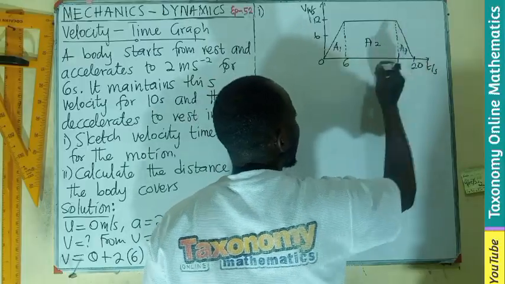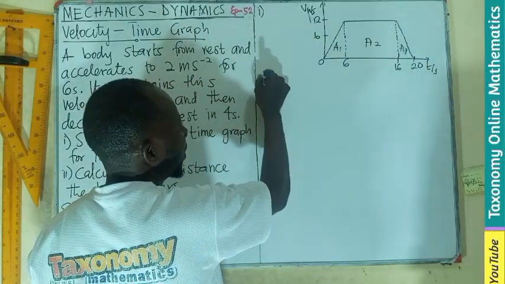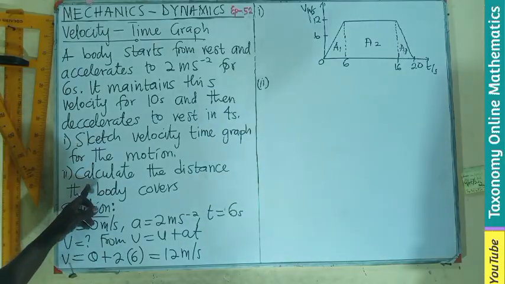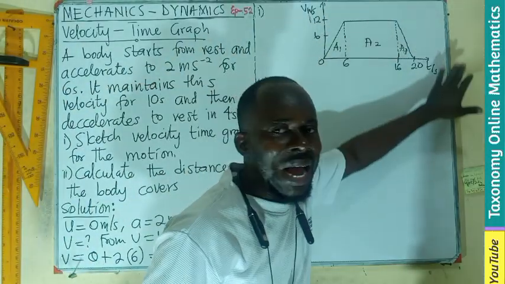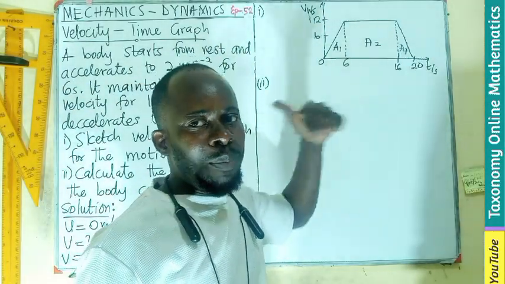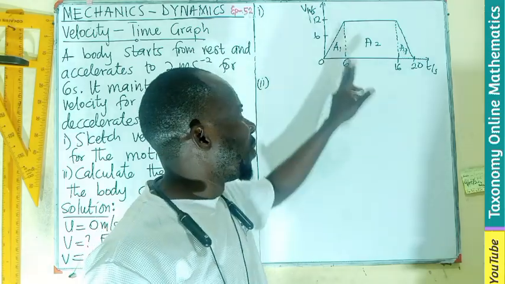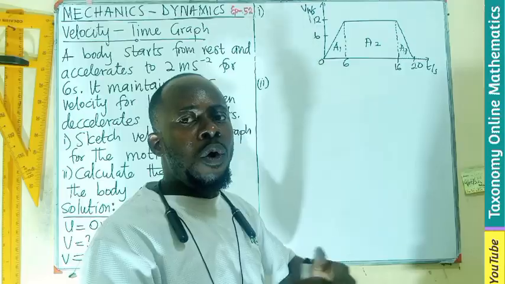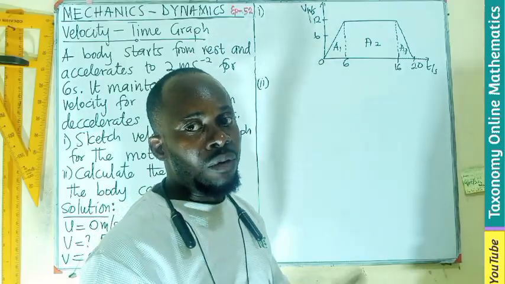So for the second part of the question, the distance covered equals the area under the curve. Remember in the previous episode, we mentioned that we can find area 1, area 2, area 3 and add, or use the trapezium formula.